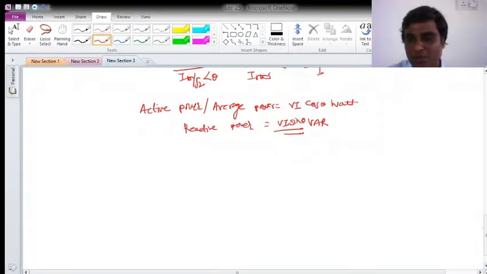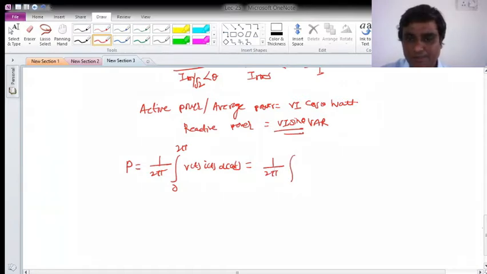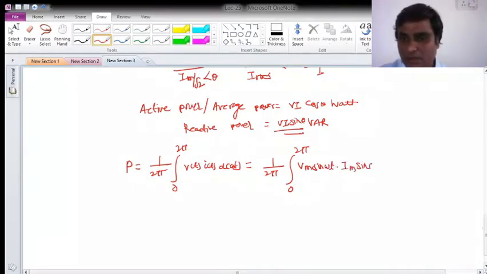Or you can also compute average power by taking the average over an interval of 2 pi. So, for example, if I am calculating power over an interval of 2 pi, let us solve another way also, v of t into i of t d omega t. If I do it this way also, I will get the same. 0 to 2 pi, v of t is Vm sin omega t, i of t is Im sin omega t minus theta, with d omega t.